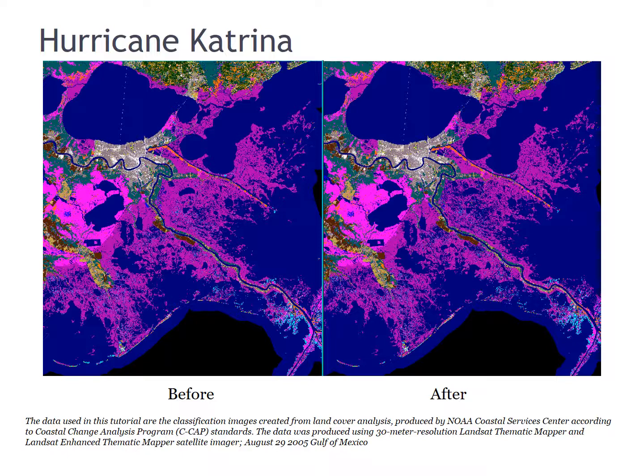So let's look at what this means. Here we have some imagery before and after Hurricane Katrina. This data was used in a tutorial of classified images created from land cover analysis produced by NOAA, and it uses the Coastal Change Analysis Program, CCAP, standards. It's at 30-meter resolution, and it's using the Landsat Thematic Mapper and the Landsat Enhanced Thematic Mapper imagery, looking at these two areas.